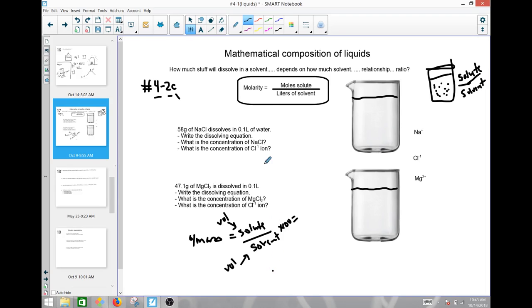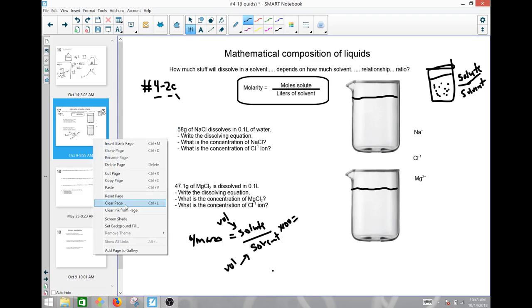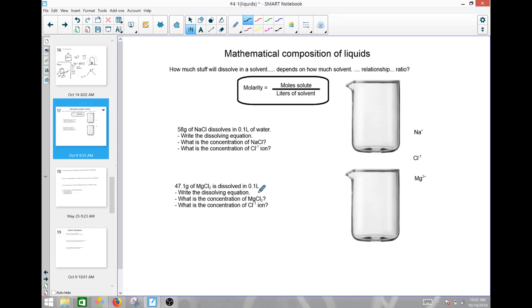Otherwise, we're looking to measure the ratio of moles of solute to liters of solvent. This is something that is called molarity. So anyways, this is a relationship.